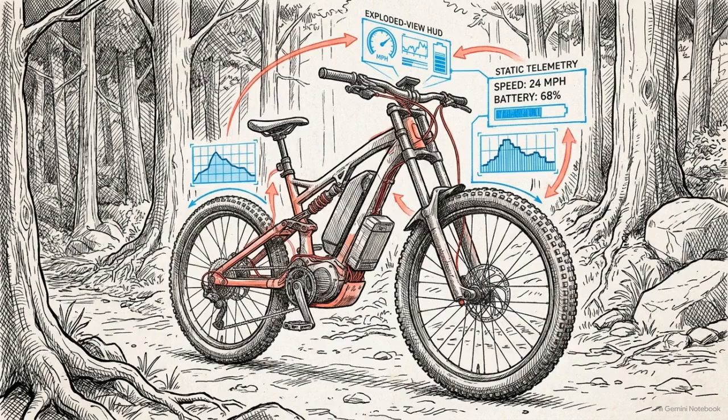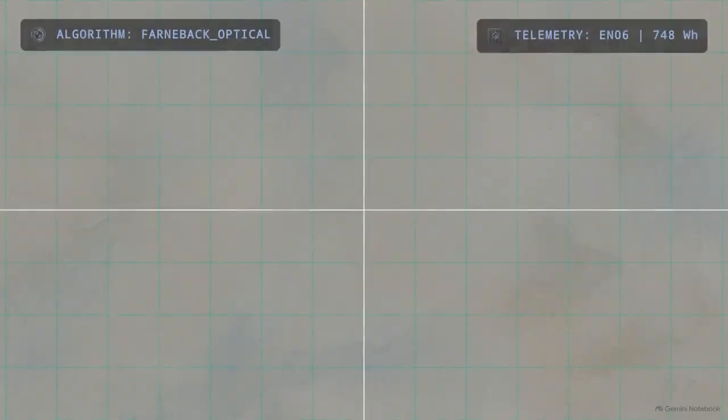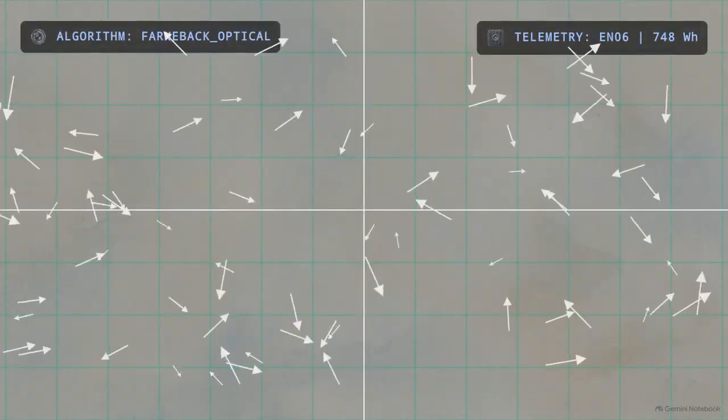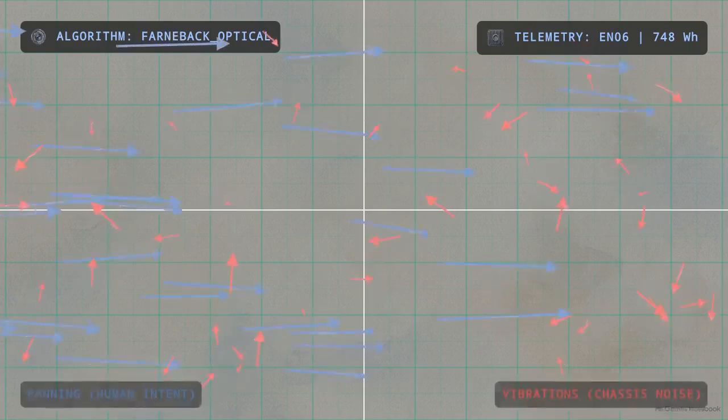Moving beyond text, the system integrates physical hardware telemetry, utilizing data from the Volts and Ventures e-bike project. The stabilization.py submodule receives telemetry from the Gugoi's GT20 platform's EN06 controller and 748 watt-hour battery pack. This mapping grid shows the Farnebäck optical flow algorithm calculating pixel displacement across a 360-degree projection.